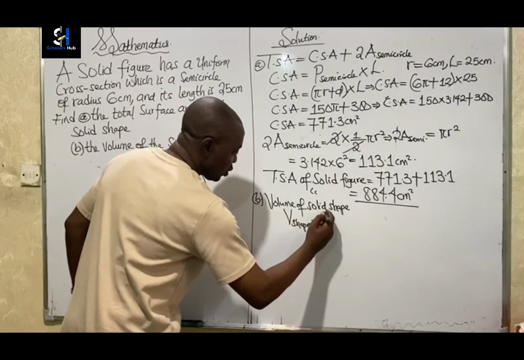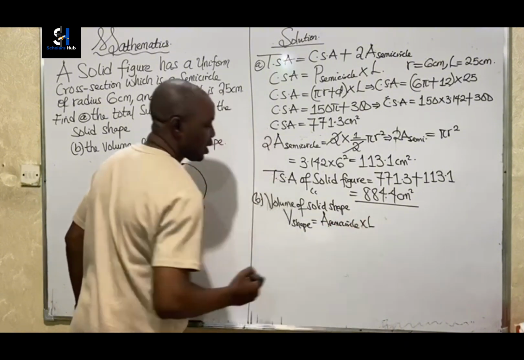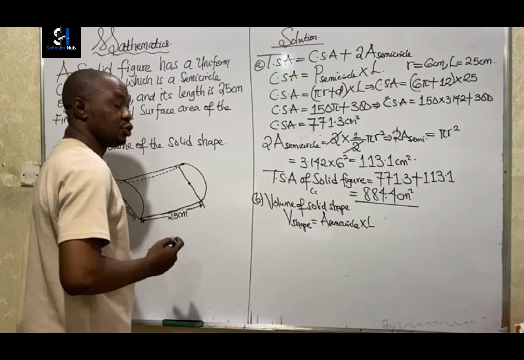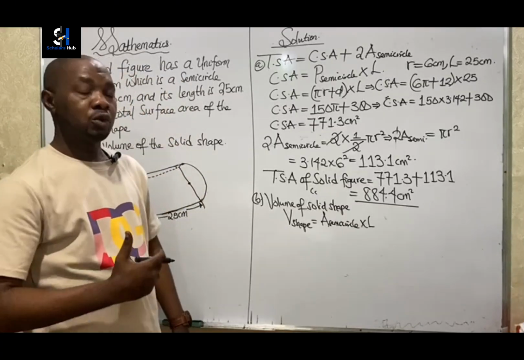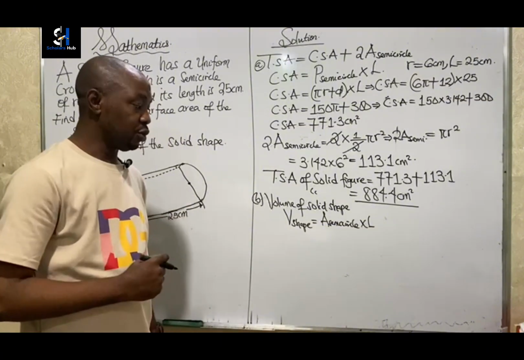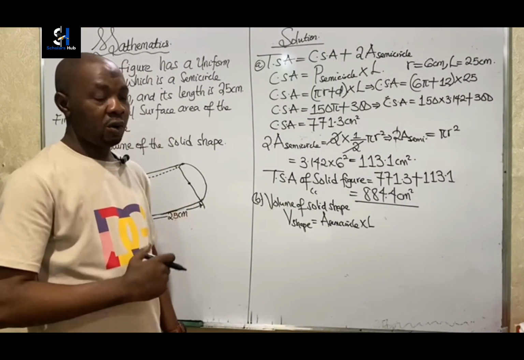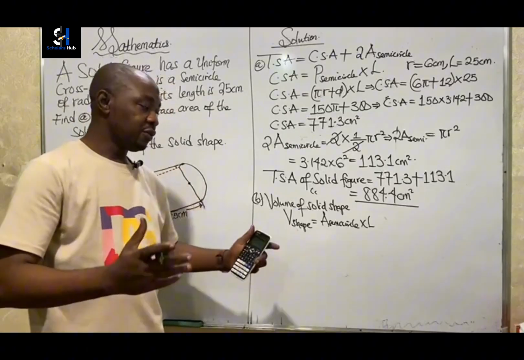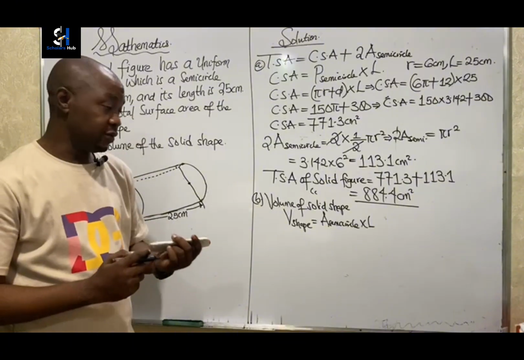A cylinder is a prism, and the volume of a prism is the base area multiplied by the height of the shape. In this case, the length of the cross section is the same as the height of the shape.